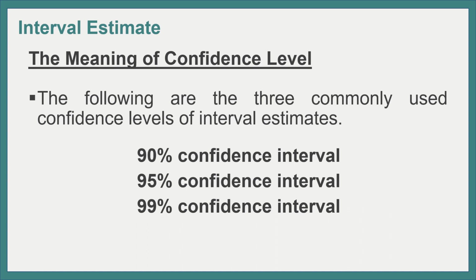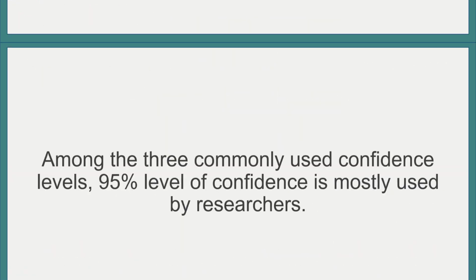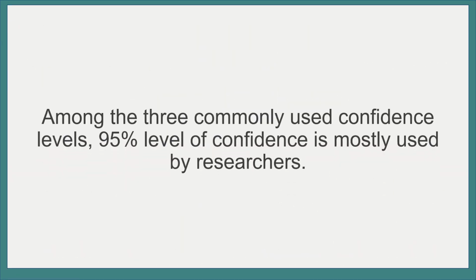These are just the three most commonly used confidence levels. You can have other values of confidence levels. Among the three, the 95% level of confidence is mostly used by researchers.